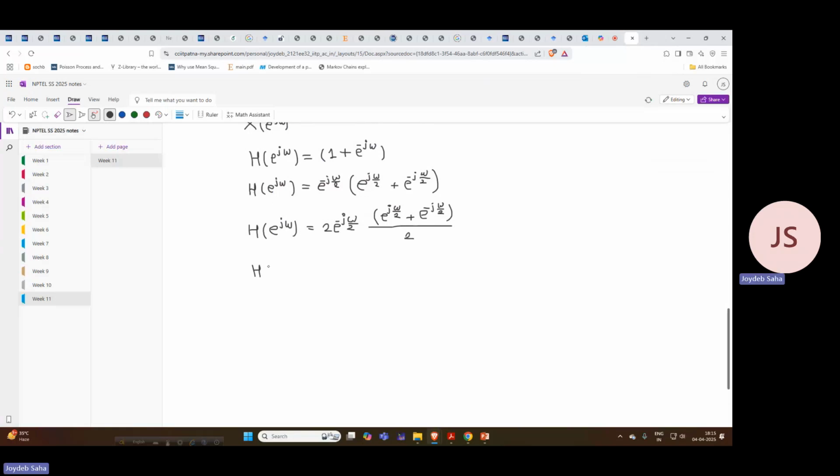So H of e to the power j omega is equal to 2 e to the power minus j omega by 2 into cos omega by 2.